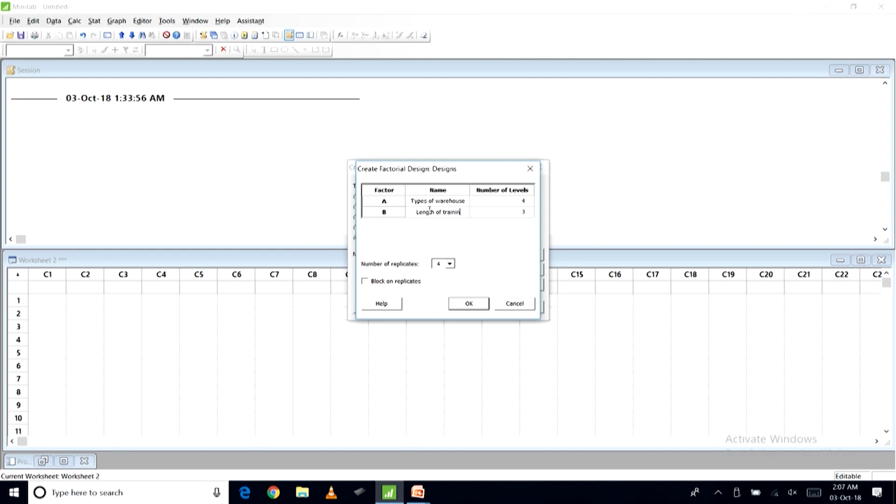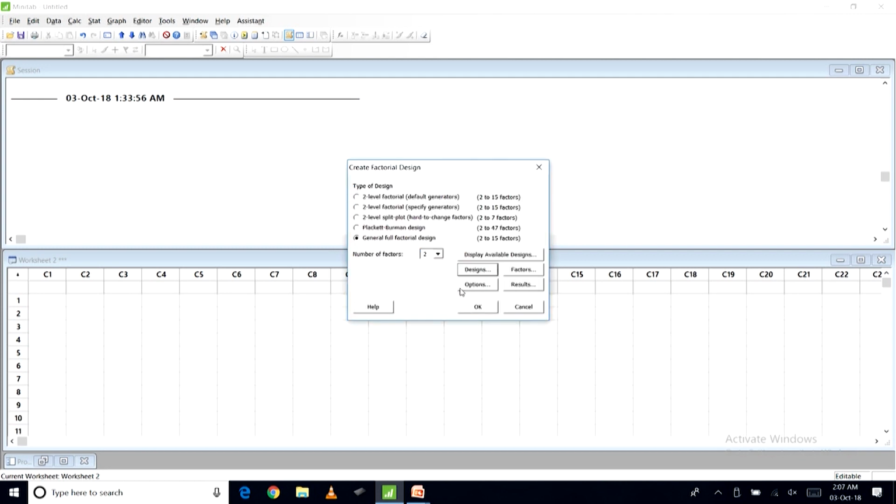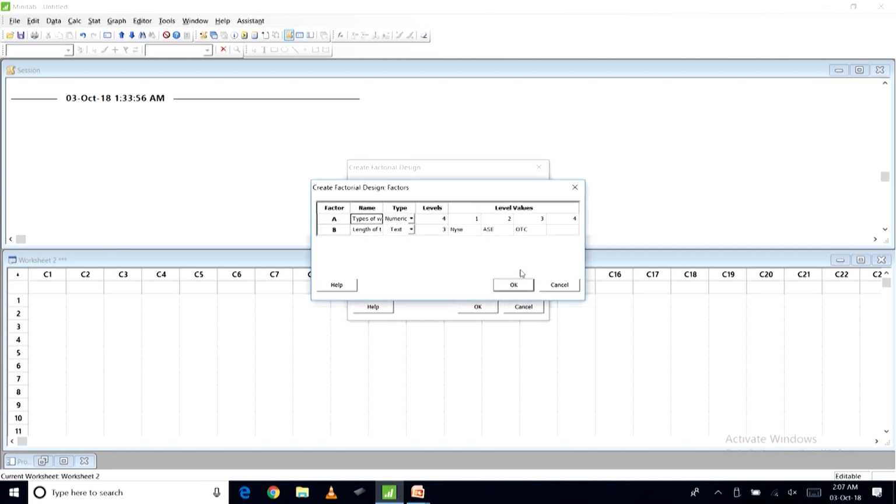Length of training will also suffice, right. So, it has got 3 levels and the first one has got 4 levels, right. Number of replicates 3, right. So, we will go to OK, then factor, right.